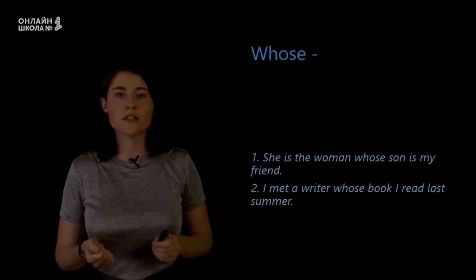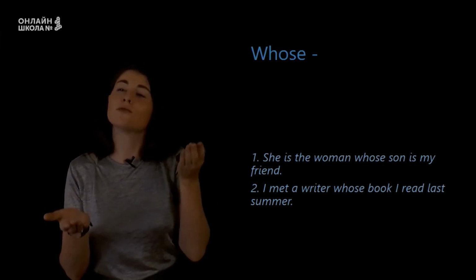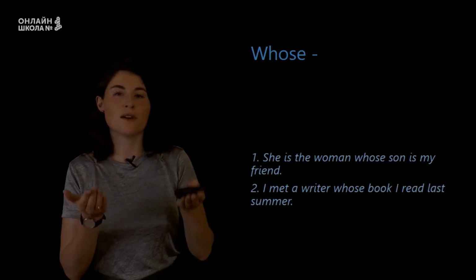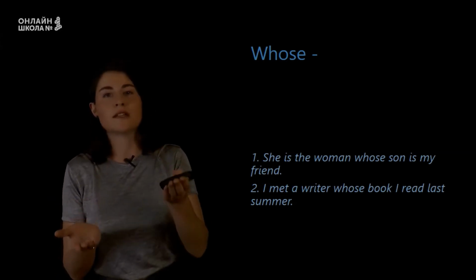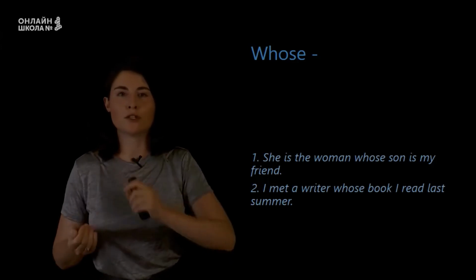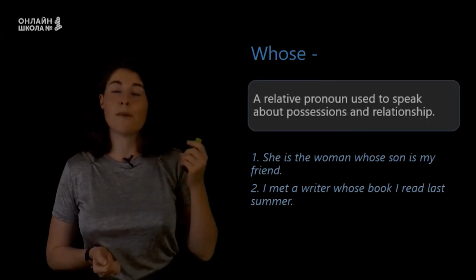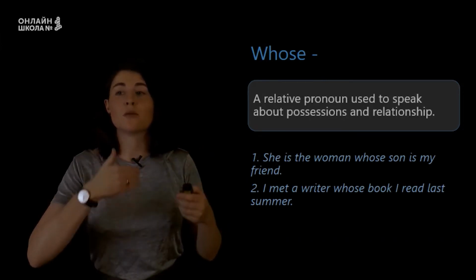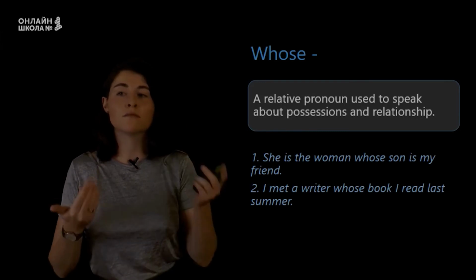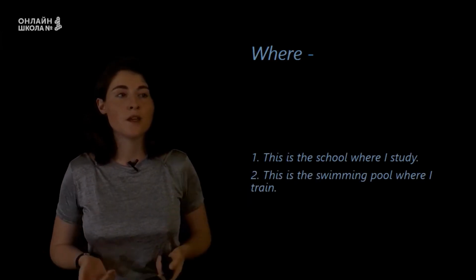And in the second sentence, we are speaking about a writer and his book. And this is also a kind of relationship or possession. То есть тоже какие-то либо отношения, либо какая-то принадлежность. Да? Книга принадлежит автору. So, we use whose when we speak about possessions and relationships. То есть мы говорим о том, что что-то кому-то принадлежит, либо люди стоят в каких-то отношениях.